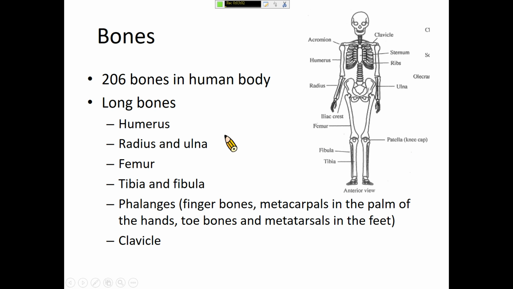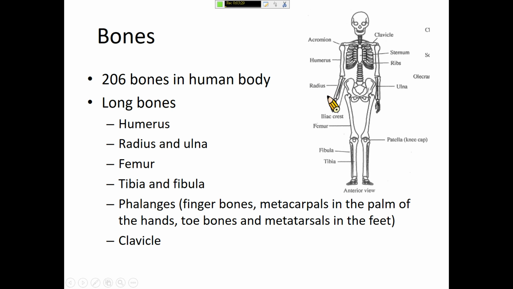And there are different shapes. The first type is long bones, such as the humerus, this one. The bone within your upper arm is called humerus. It looks long, right? Such as radius.